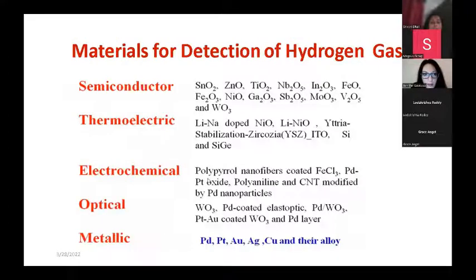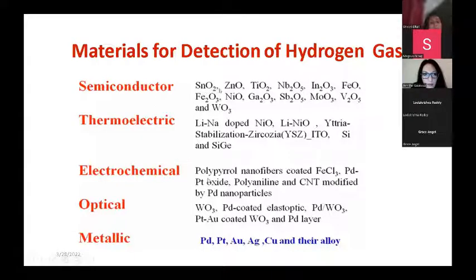Okay, so there are different types of materials available in the market, also reported by researchers, for the detection of hydrogen gas. If we talk about the semiconductor materials, there are different types: tin oxide, zinc oxide, titanium oxide. Commercially, industries are using tin oxide in gas sensors.